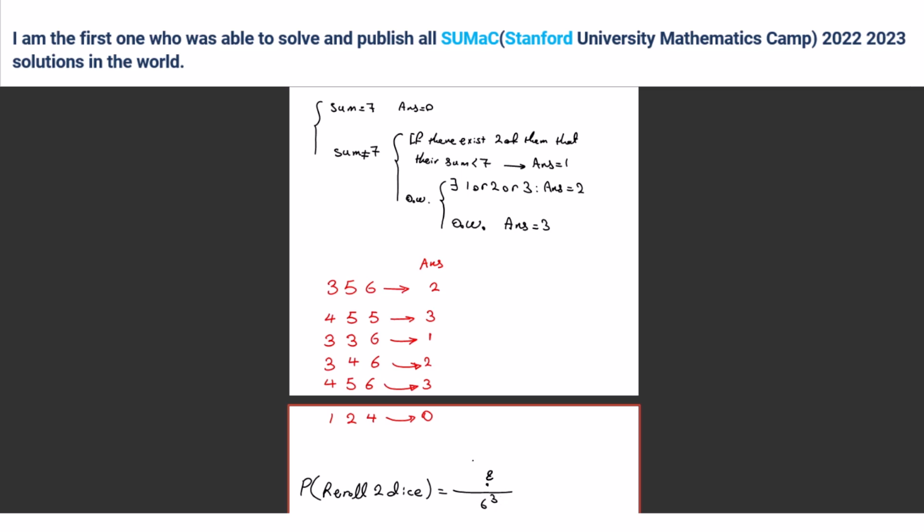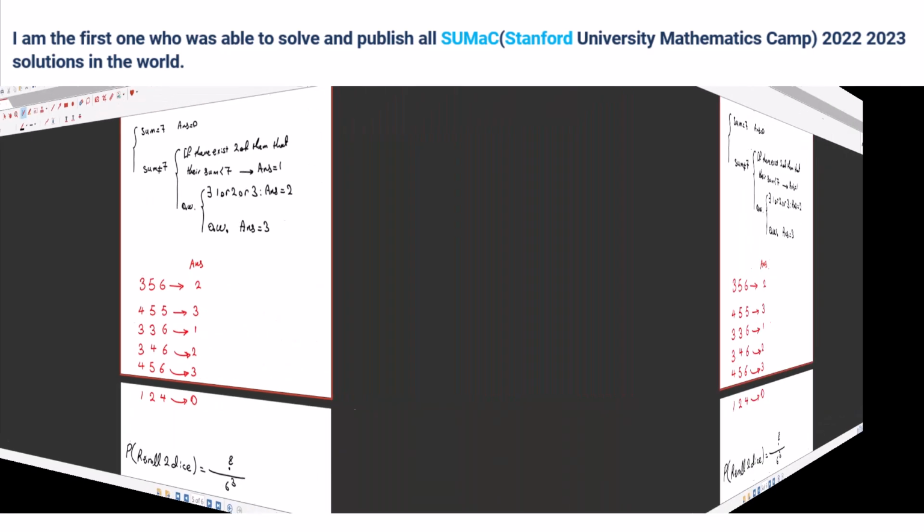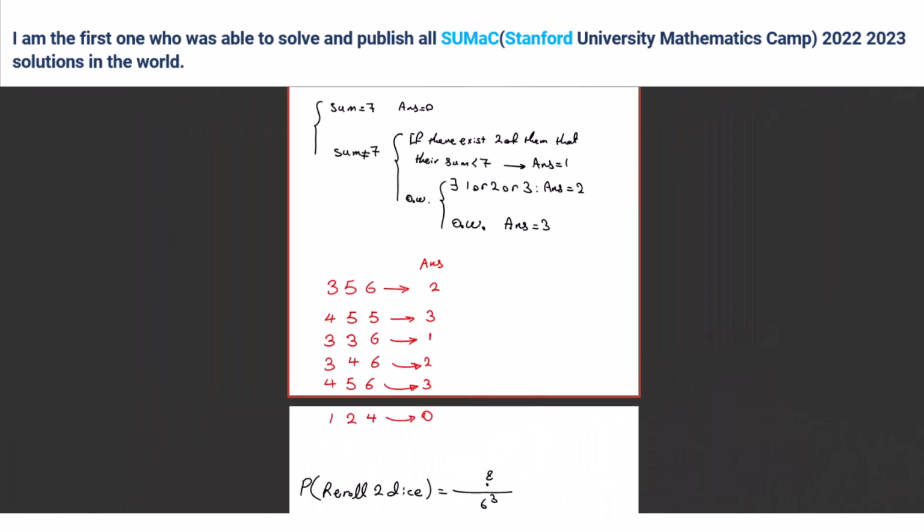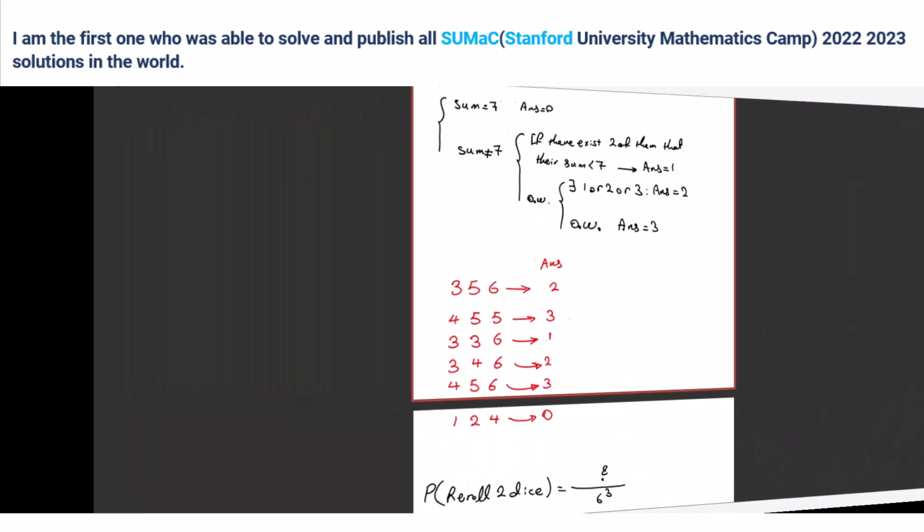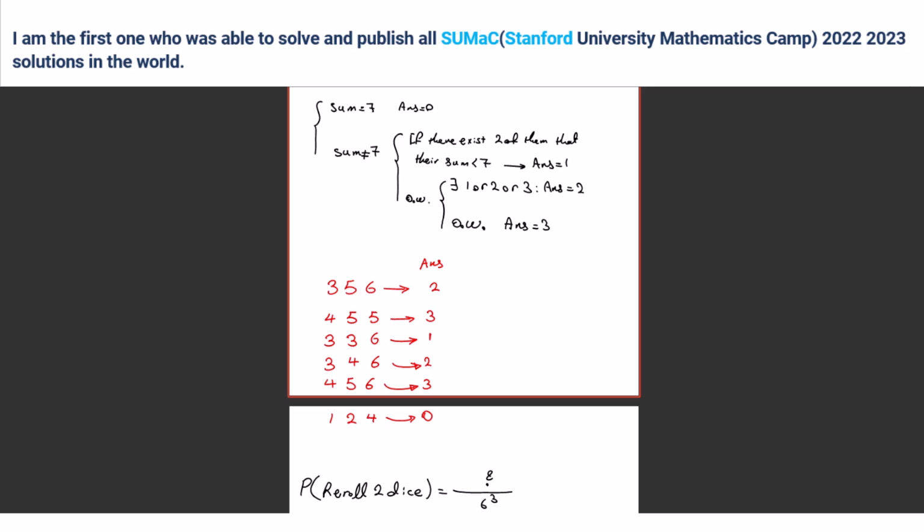Now you should ask, in how many of the cases do we reroll 2 dice? Calculate the numerator by considering these things. You should use casework to calculate.